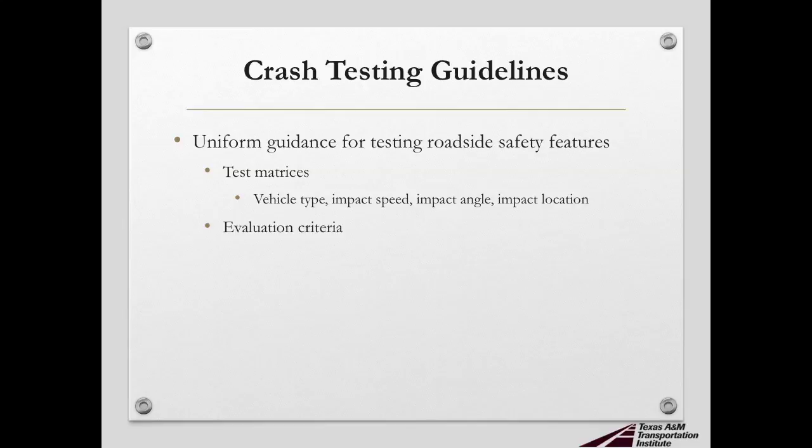It specifies the test matrices for these different categories of hardware. It uniquely specifies a vehicle type, an impact speed, an impact angle, and even the impact location on a given device, and provides evaluation criteria to objectively evaluate the impact performance of those systems before they're ever installed on the highway.